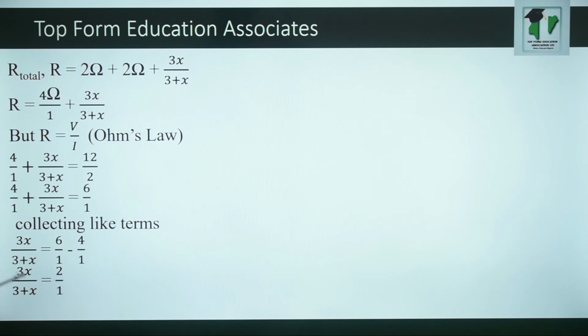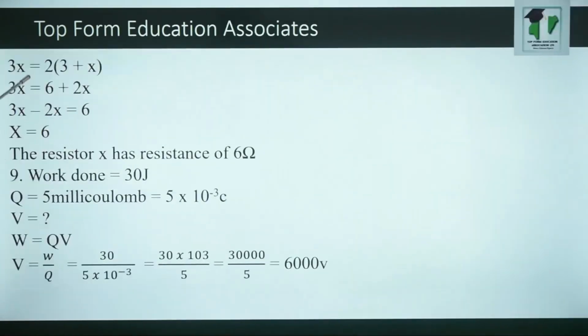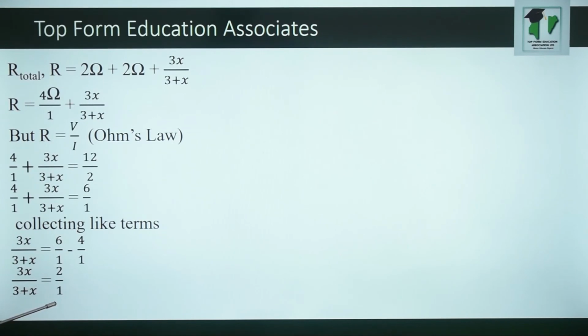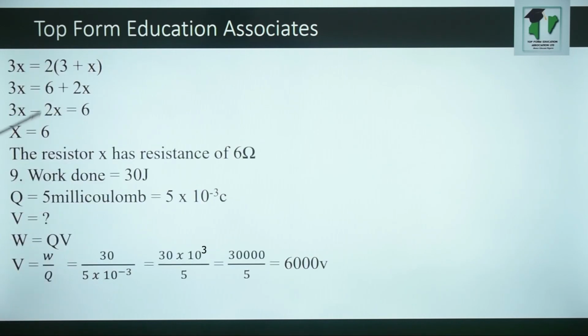To get x, we have 3x, of course multiplying here, is equal to 2 into 3 plus x. So you have 3x times 1 gives you 3x equal to 2 into 3 plus x. Is that okay? That is what we have here. So 3x is equal to 2 times 3 gives you 6, 2 times x gives you 2x.